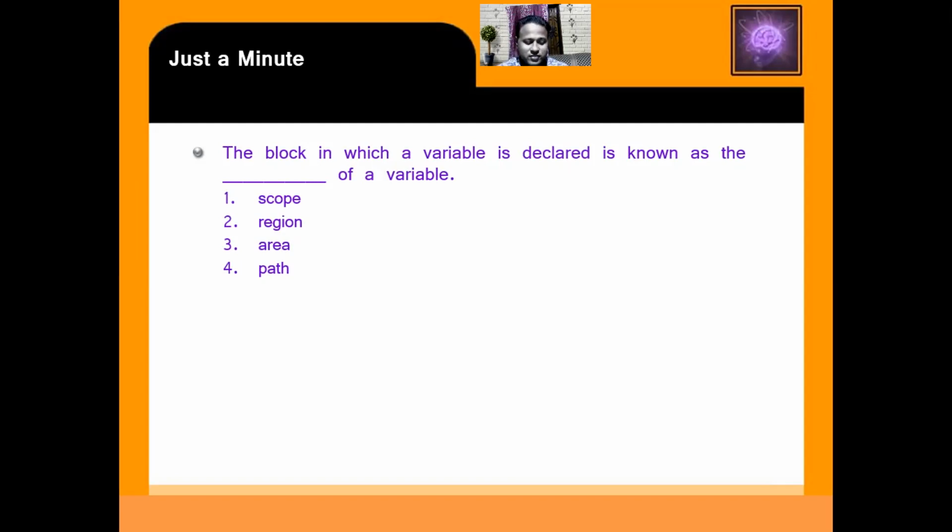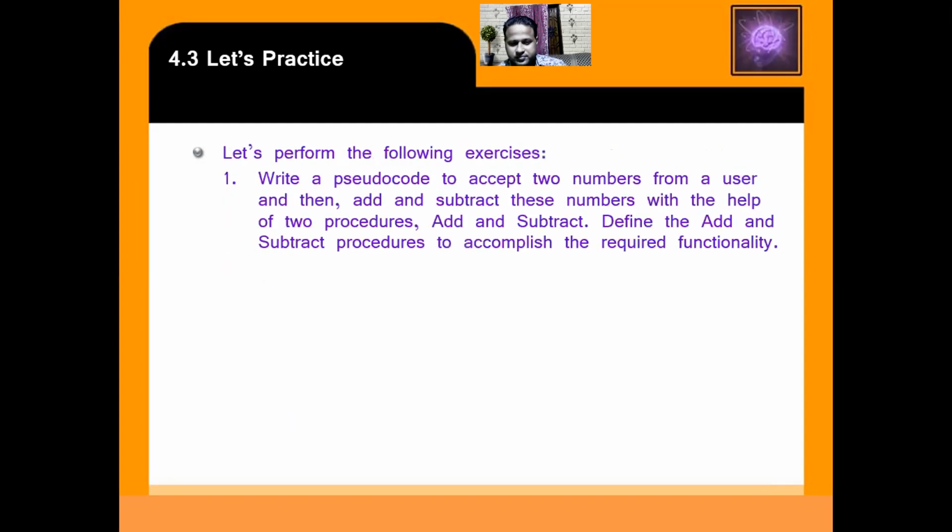It is one, the scope of the variable. The variable has 2 scopes: one is global scope, another is local scope. Okay, I understand.